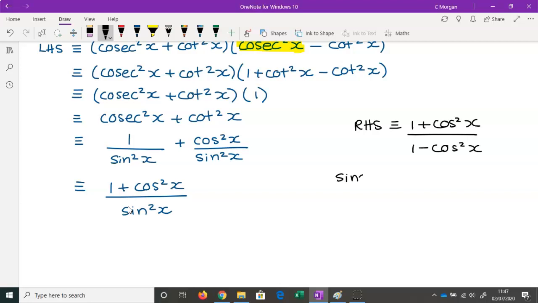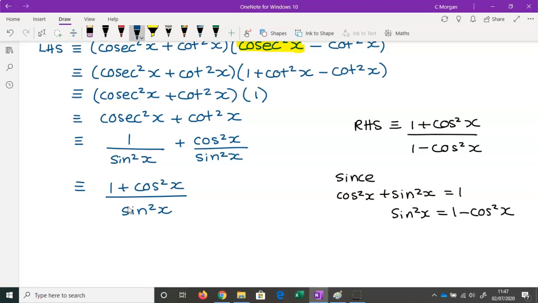Now, since I know that cos squared x add sine squared x is equal to 1, I therefore know that sine squared x can be written as 1 minus cos squared x.